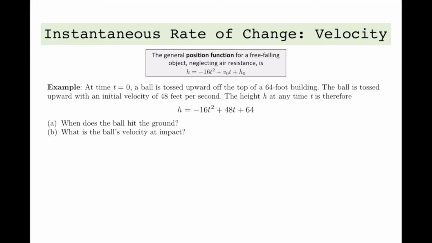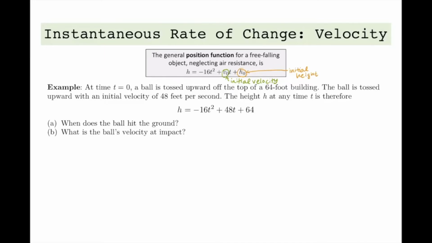What these symbols mean: t is the variable, so your formula is going to have a t squared in it and a t here. But the v subscript 0 here is actually the initial velocity, or at time equals 0, the velocity of the object. This h sub 0 is the initial height, or the initial position.